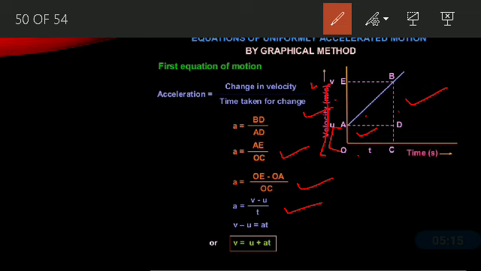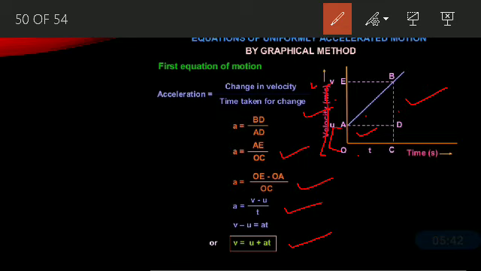So this represents the final velocity V, and OA represents the initial velocity, from origin to A. So it is represented by U. U means initial velocity. Replacing it, we will get the first equation of motion, V equals to U plus AT.